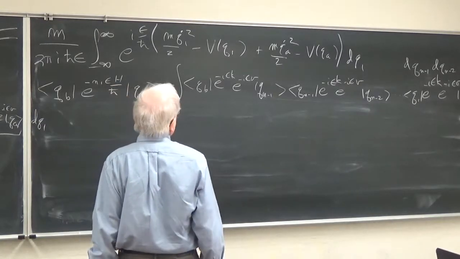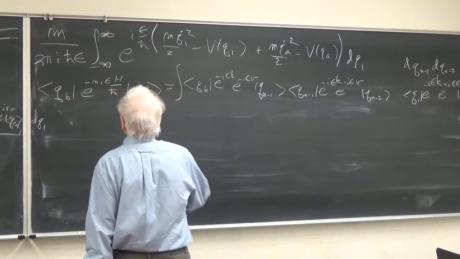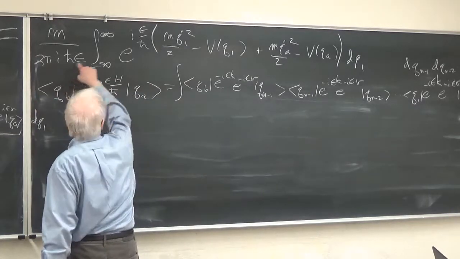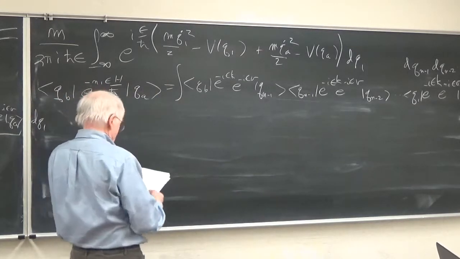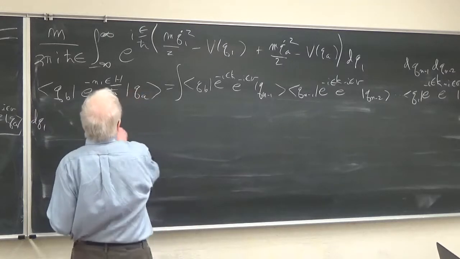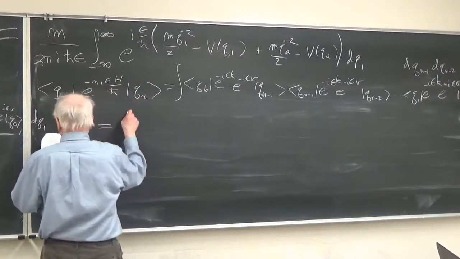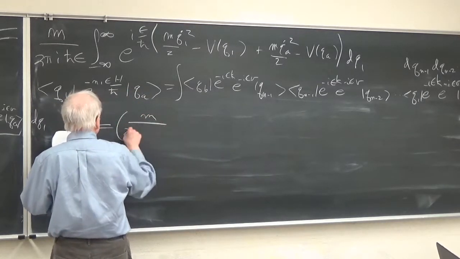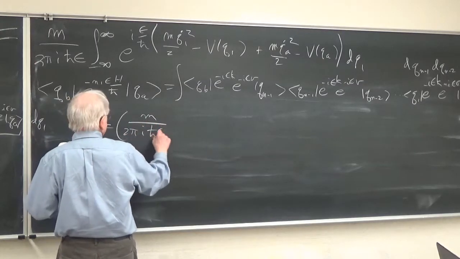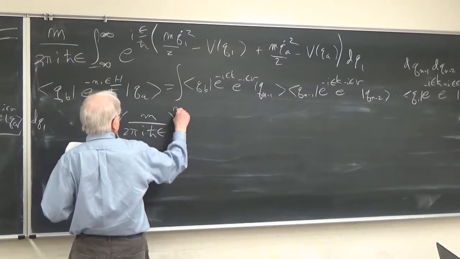Okay, well, what does that give us? Just as the product of two of them gave us this, the product of n of them is going to give us (m/2πiħε) raised to the n over 2.